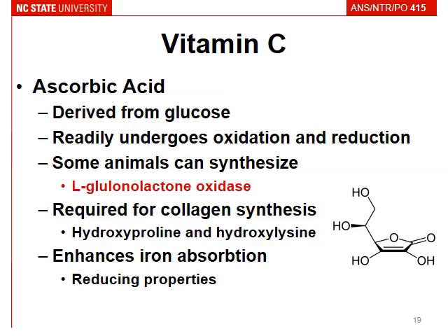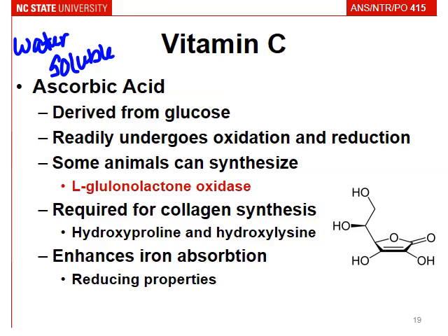So next we're going to talk about vitamin C. Vitamin C is the water-soluble antioxidant. I think I failed to mention that our vitamin E is fat-soluble, whereas vitamin C is water-soluble. Another name for vitamin C is ascorbic acid.